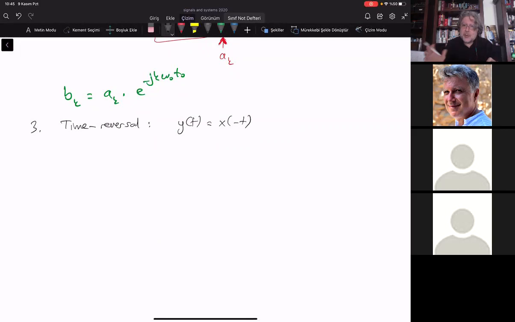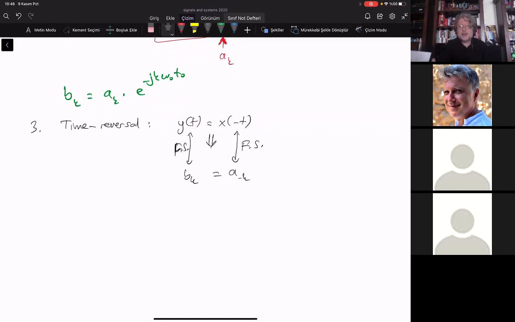You will see that e to the minus jk omega 0 will be replaced by e to the plus jk omega 0, and that therefore the new k will be the negative of the old k, which means that the Fourier series coefficient of y of t, let's call it bk, is going to be the Fourier series coefficient with a negative index, a minus k.